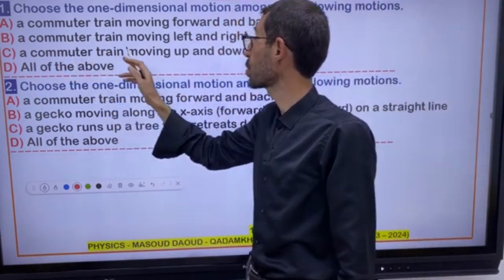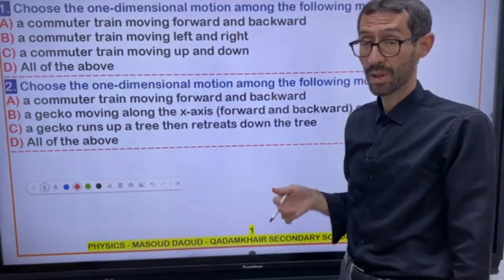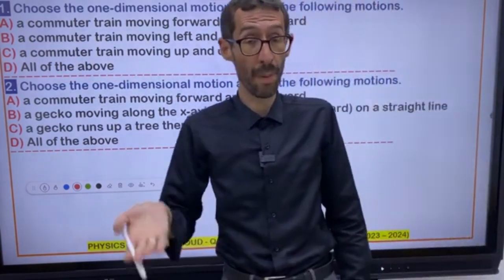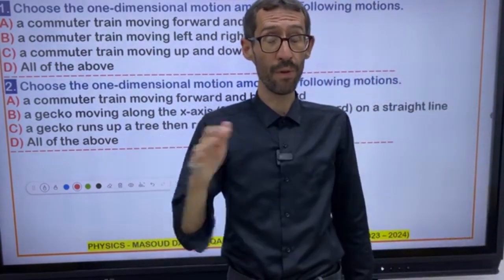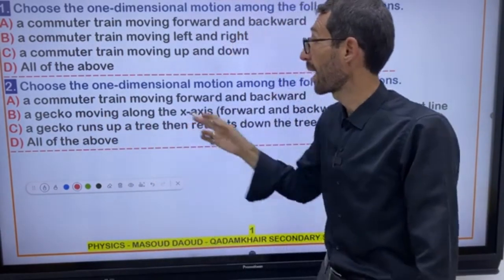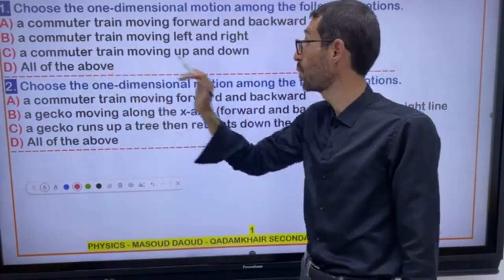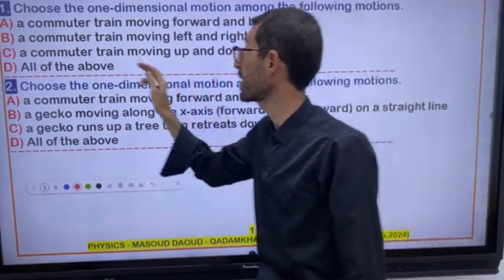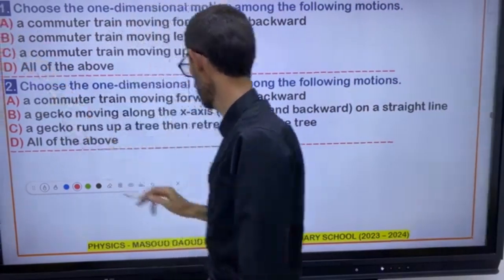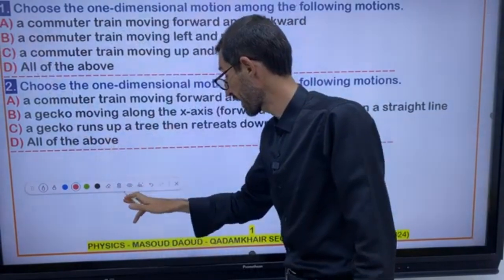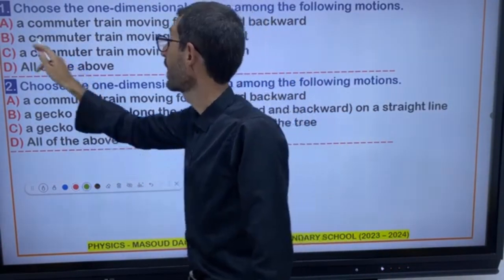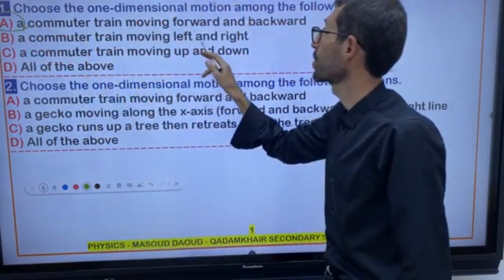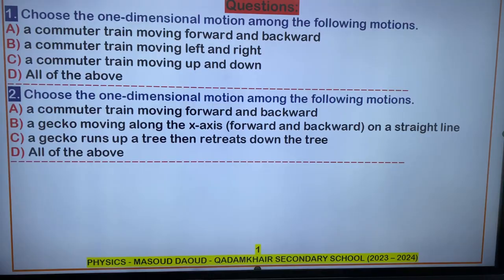C, a commuter train moving up and down. A commuter train cannot move up and down only. I told you it moves forward and backward. D, all of the above. No, only A is true. So let me circle the correct answer. A is true: a commuter train moving forward and backward.